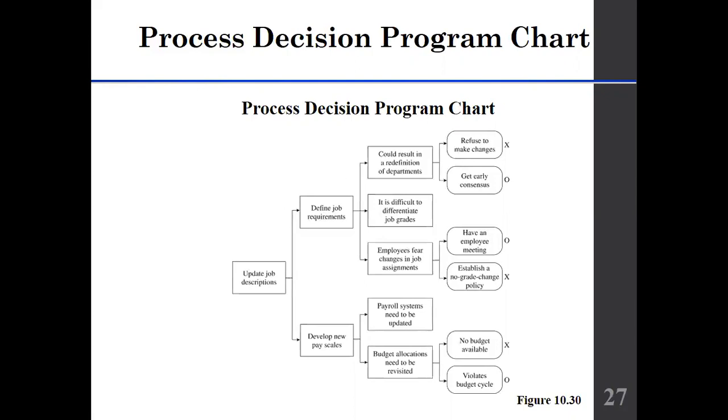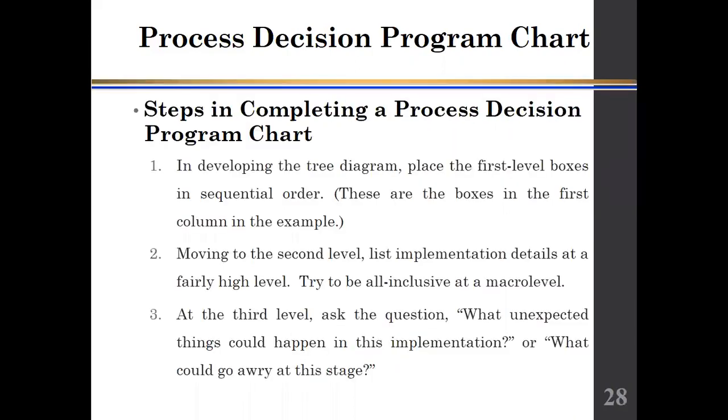So let me discuss some tips of how to construct the process decision program chart, and then we will come back towards this figure. Okay, first step is in developing the tree diagram, place the first level boxes in sequential order.